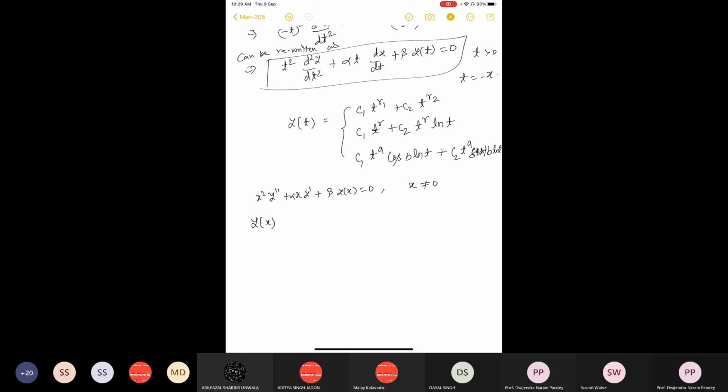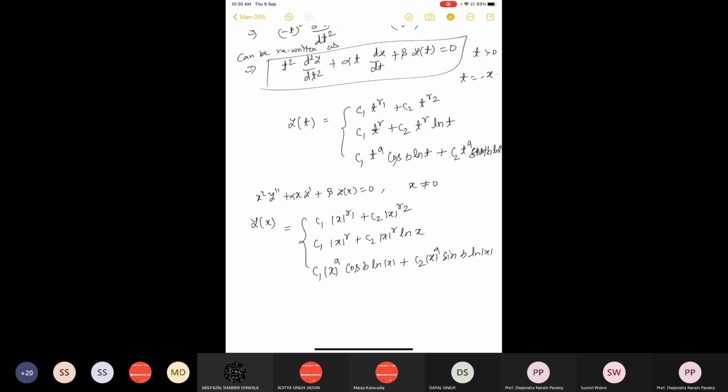When x is not equal to 0, the solution I can write is c1 mod of x to the power r1 plus c2 mod of x to the power r2, and c1 mod of x to the power r plus c2 mod of x to the power r ln mod of x, and c1 mod of x to the power a cos of b ln mod of x plus c2 mod of x to the power a sin of b ln mod of x.